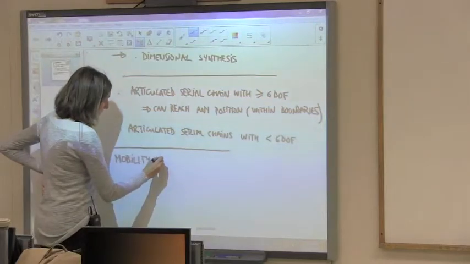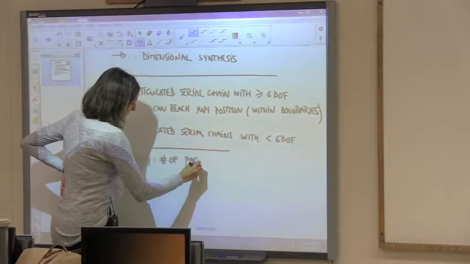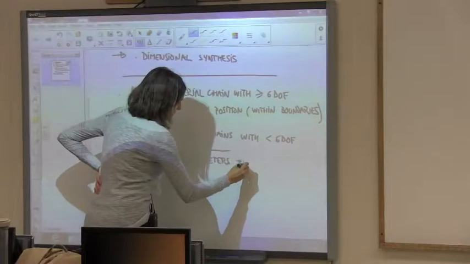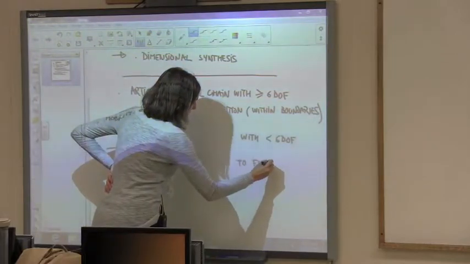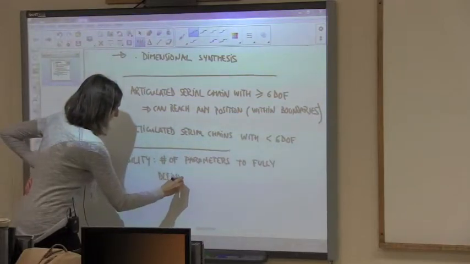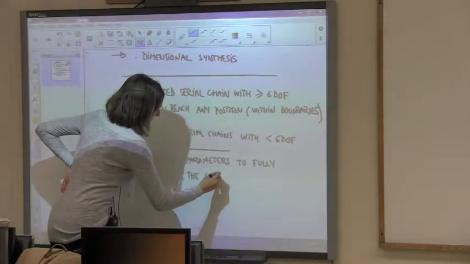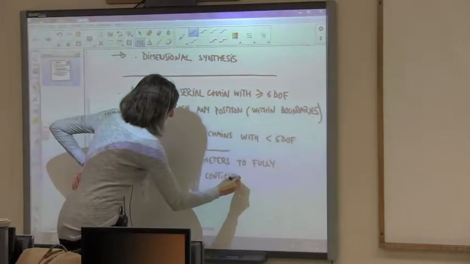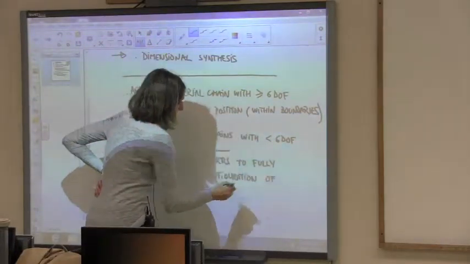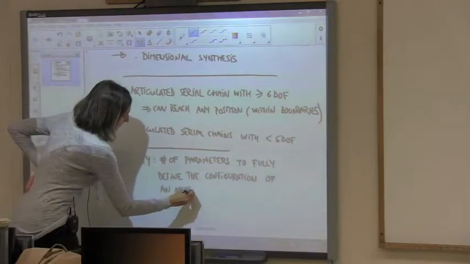Number of parameters to fully define the configuration of an articulated system.